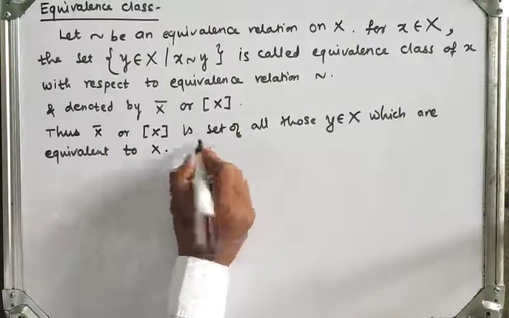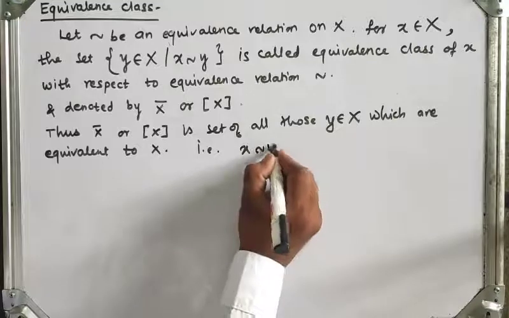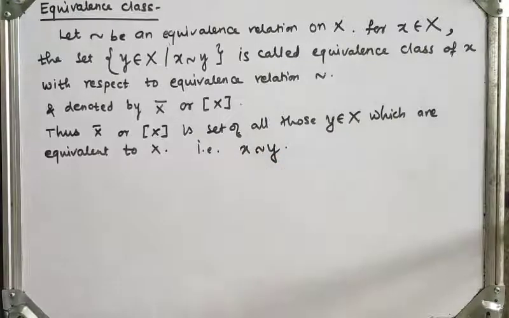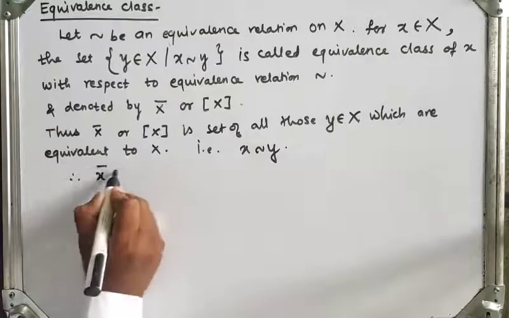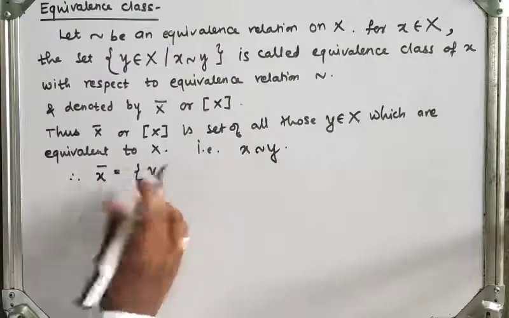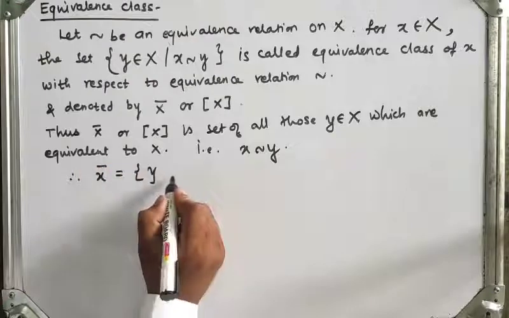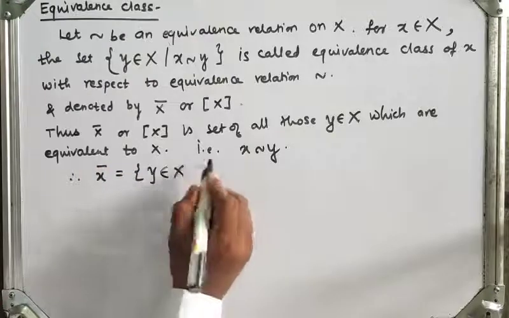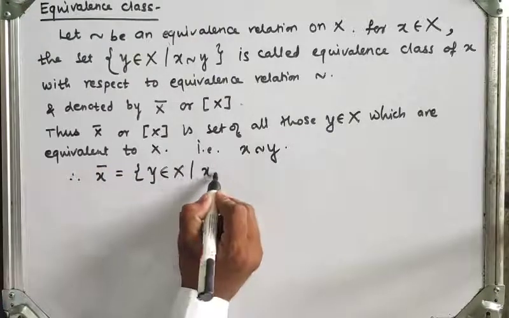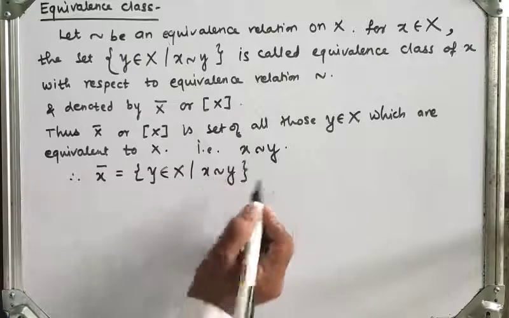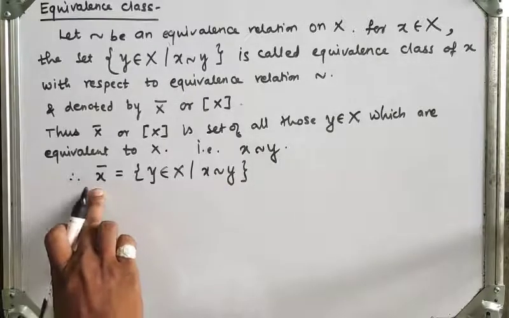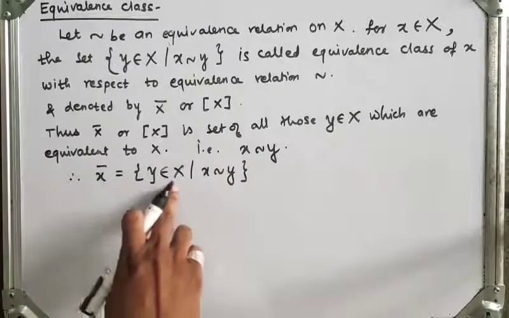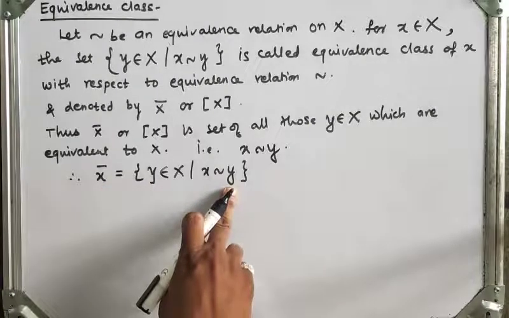That is, x is equivalent to y. Therefore, the equivalence class of x is equal to the set of all those y belonging to X such that x is equivalent to y. This is the definition for equivalence class.